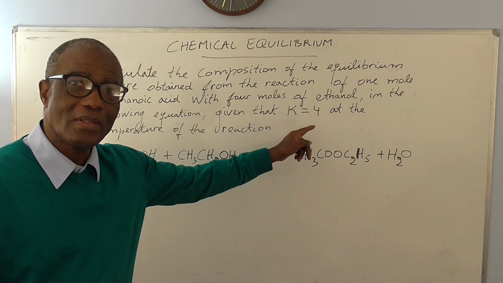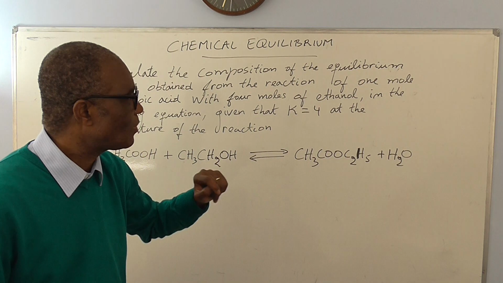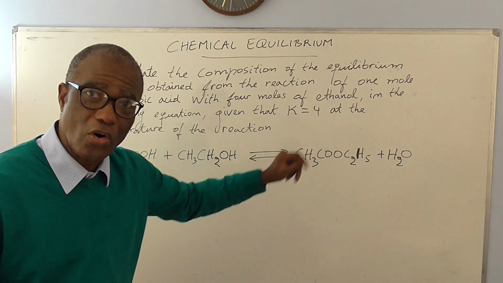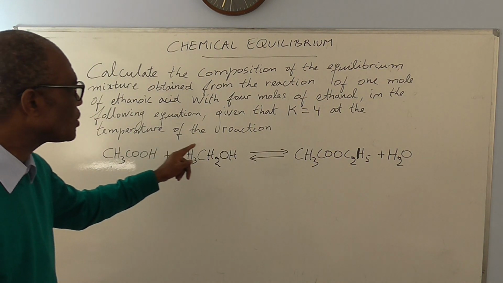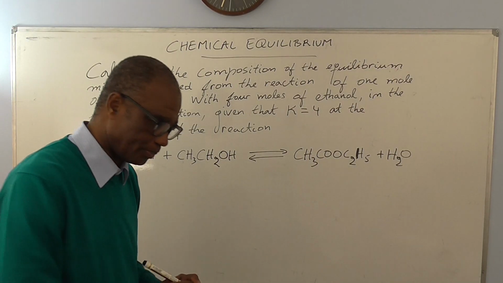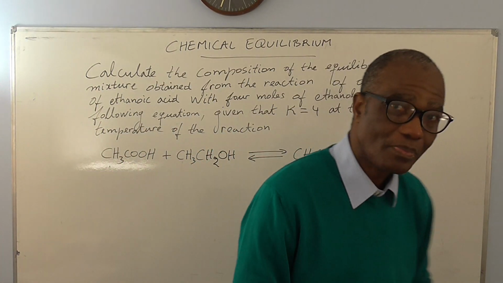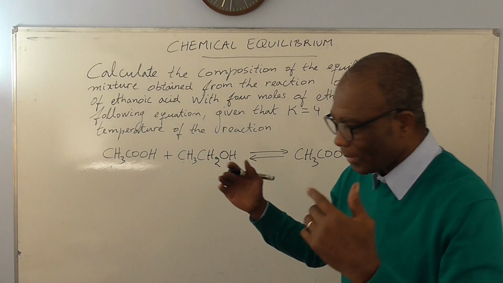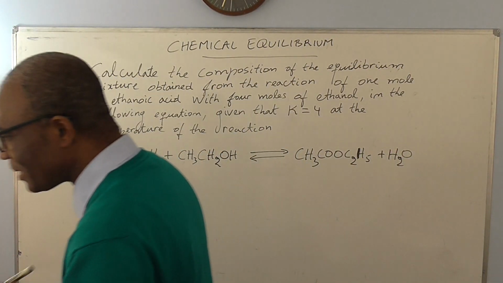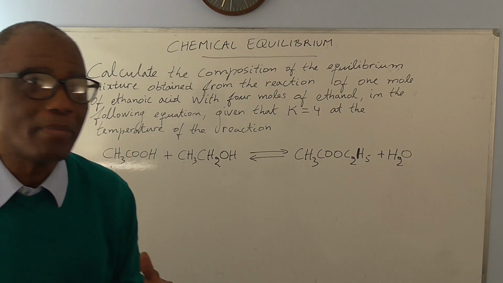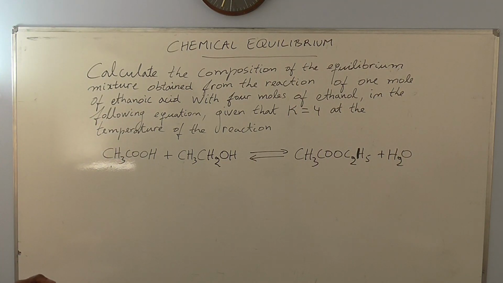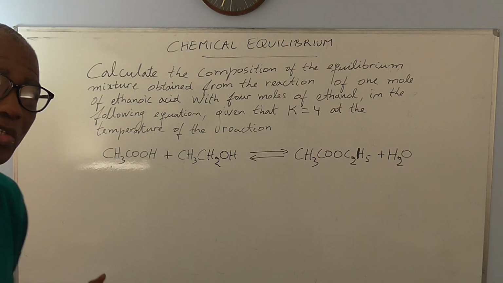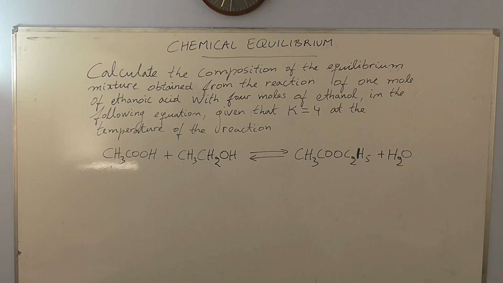Given that the equilibrium constant K is equal to 4 at the temperature of the reaction. So we need to get the composition of the mixture.